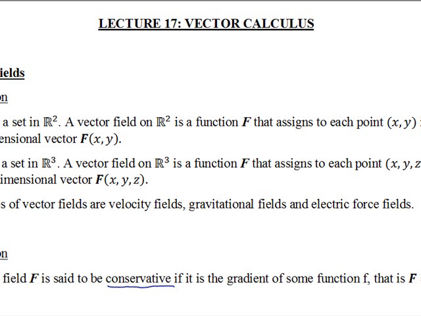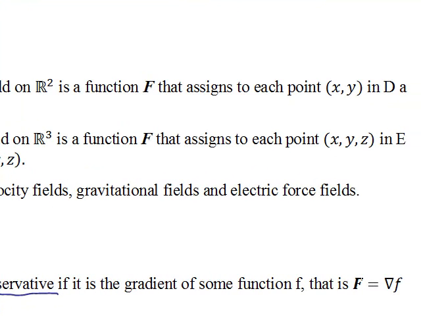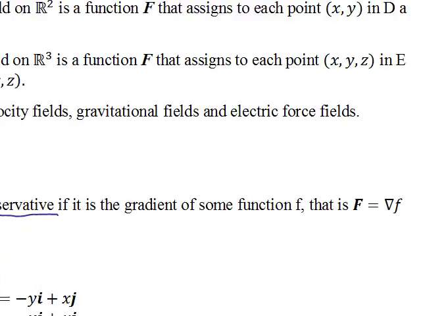A vector field F is said to be conservative if it is the gradient of some function f. So go back to whatever lecture that was really early when we did gradients. All right, so a vector field is said to be conservative if there is a function f such that the vector field is del f. Okay, and then we'll go back to that a little later.